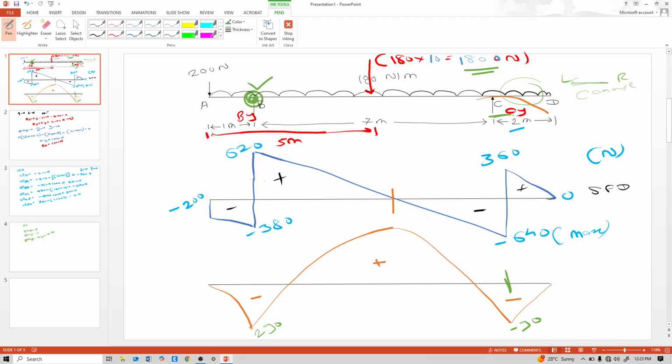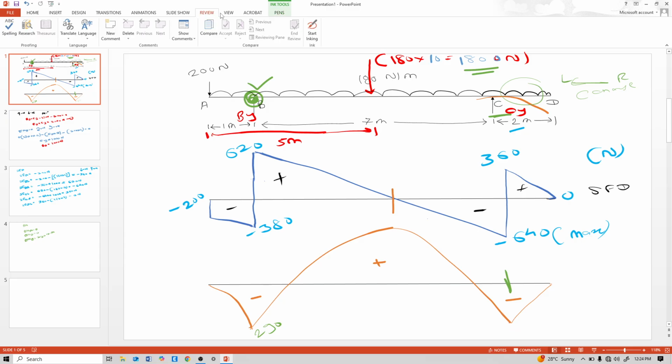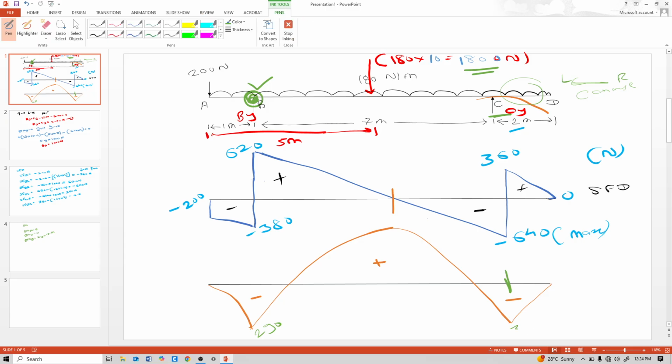No, this distance is 2: 180 into 2 into 2 by 2. So this is 360, sorry, because this distance is not 1, this distance is 2. 360.